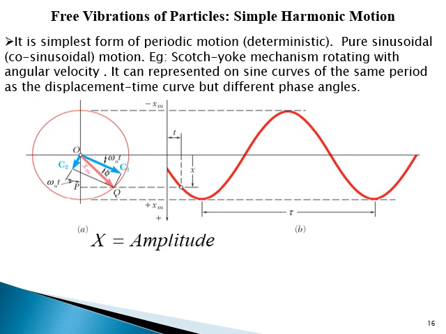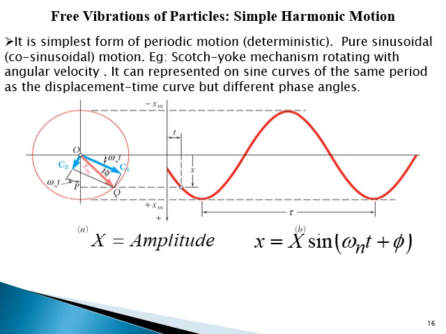Now, simple harmonic motion of a free particle. In the spring mass system, when the mass is going up and down, it creates a sinusoidal wave, as we have seen in simple harmonic motion. X is the amplitude of the system, t is the time period, and omega is the angular velocity of the system. The displacement vector is given as x sine omega t plus phi.